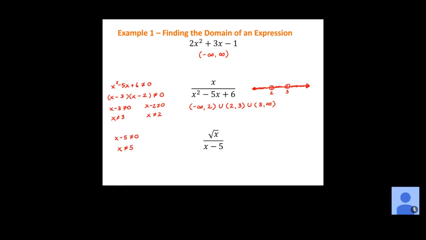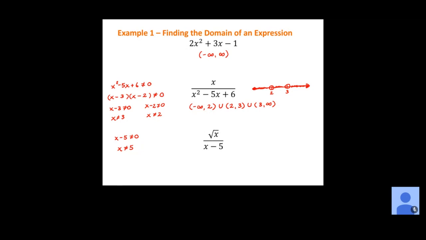Am I going to have any other restrictions on my domain this time? Okay, so what else do we have to look for? We also have to look for square roots, and we know in this case that the value inside the square root can't be negative, right?